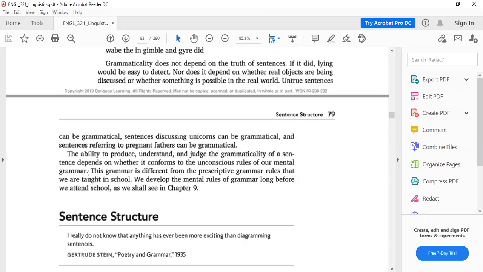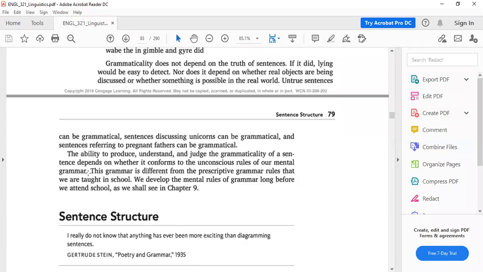So these rules are unconscious. That's why you, as a native speaker of Arabic, open your mouth, move your tongue and your lips, and you speak. Do you think of the rules while you are speaking?